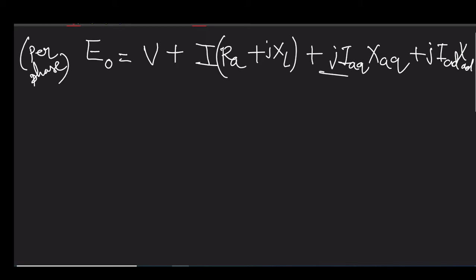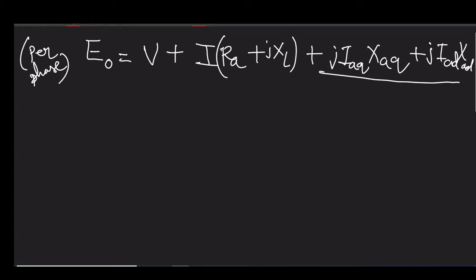So unlike the cylindrical rotor, which had JIXAS, here we are considering two components with their two components of current, right?